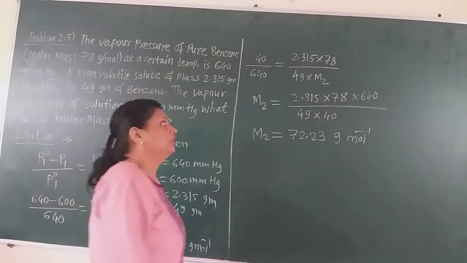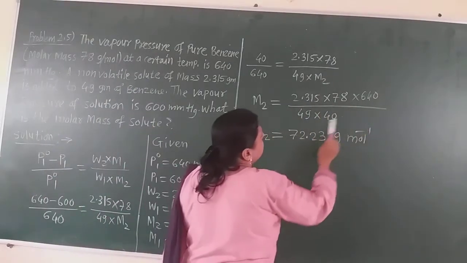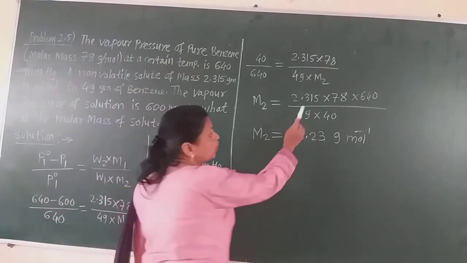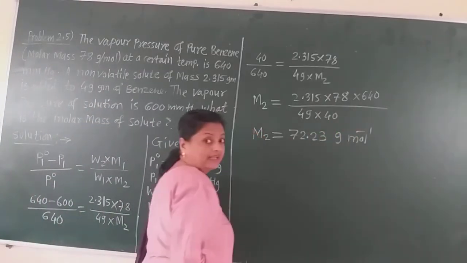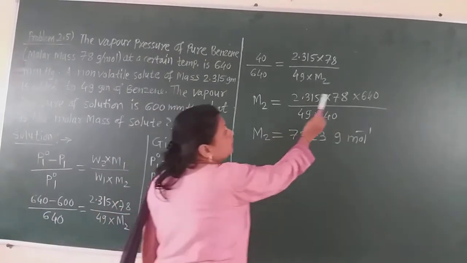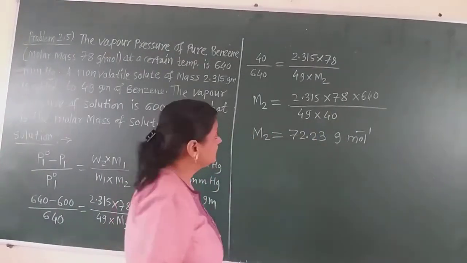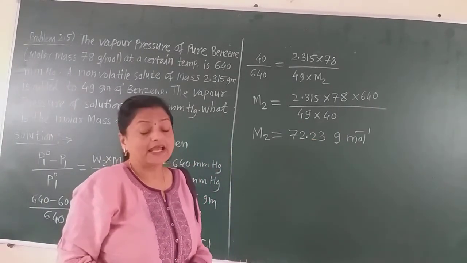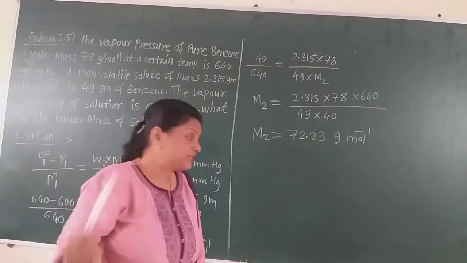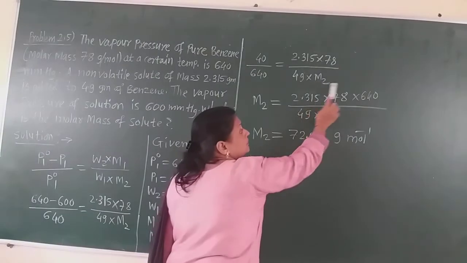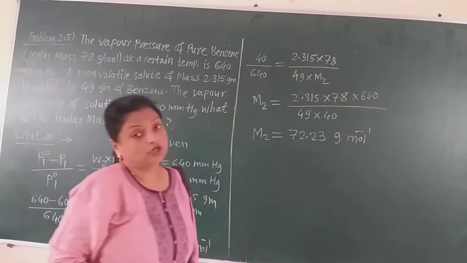You can calculate this value by using the logarithmic table. See the log of all these three quantities and add them, then see the log of 49 and 40 and also add their logs, and then subtract the addition of these two logs from the addition of the three logs.